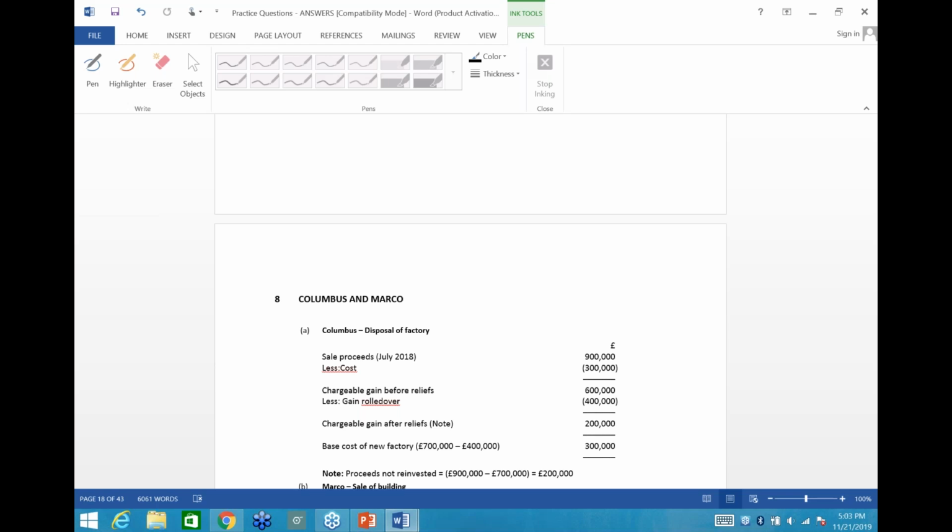Now, you have to be very cautious at the exam when you're dealing with a question, especially a loss relief question. First of all, identify the taxpayer. Is it an individual? Is it a company? If it is an individual, the trading loss relief that is available is actually very broad.